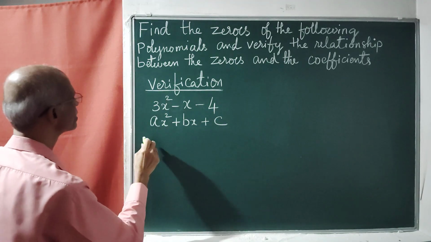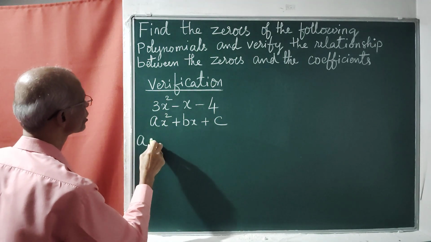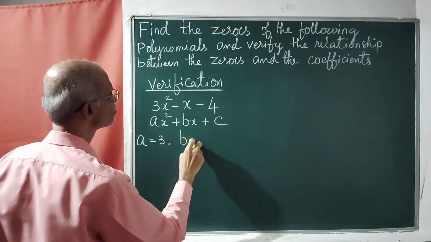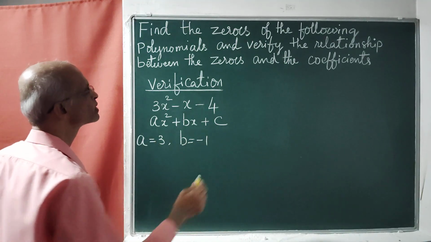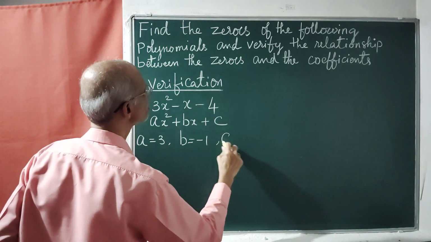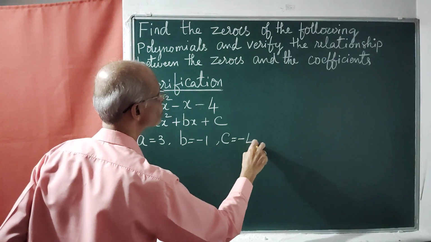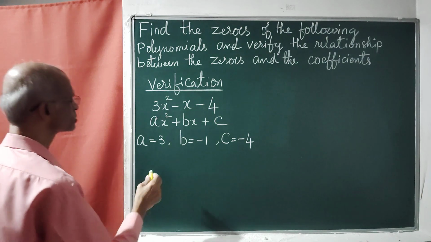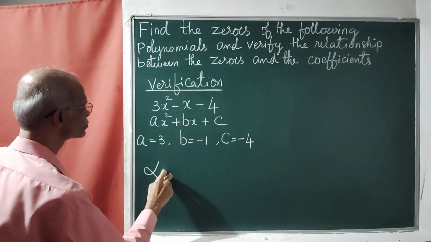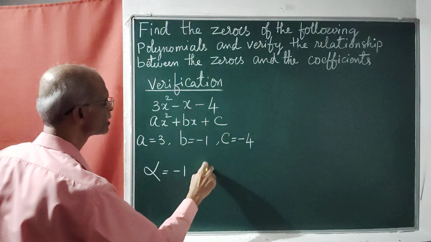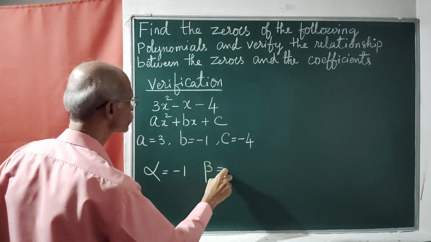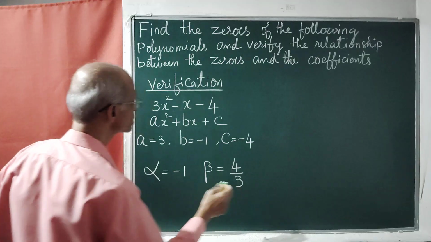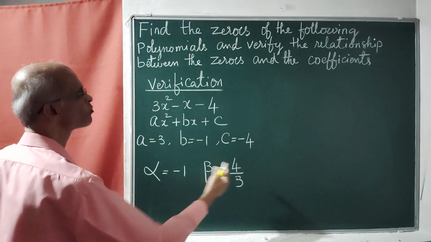When we compare, a will be equal to 3, b will be equal to minus 1, c will be equal to minus 4. Now our zeros, alpha is equal to minus 1, beta is equal to 4 by 3. They are the two zeros that we have found.